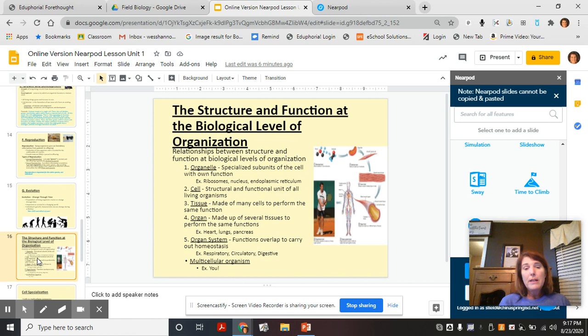Okay, one last thing on this slide is not just that we have those 7 characteristics, but remember that first one, organization? Here's how all life, complicated life, is arranged. Even inside of a cell, even the prokaryotes, they have subunits of the cell which have functions. Those are called organelles.